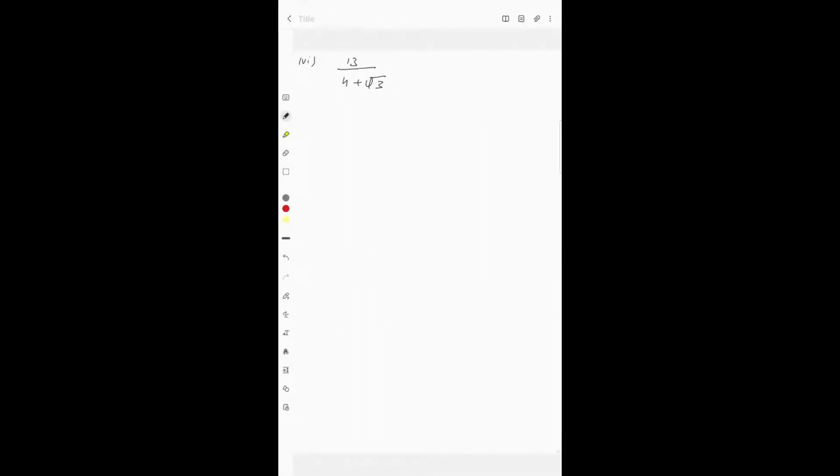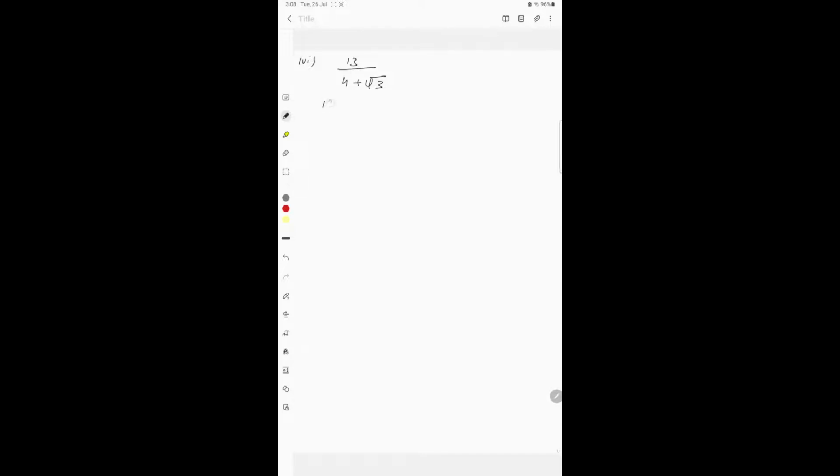I can give you another example. Example number 6, 13 divided by 4 plus under root 3. In the denominator, now I have an expression which includes a surd sign, under root 3.